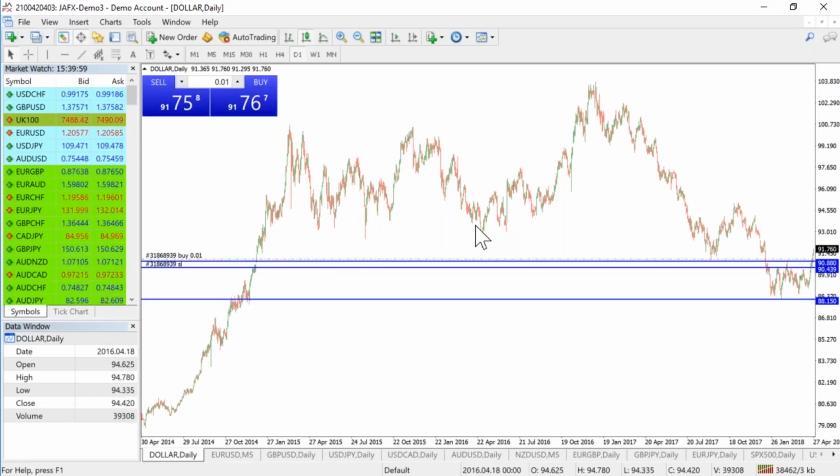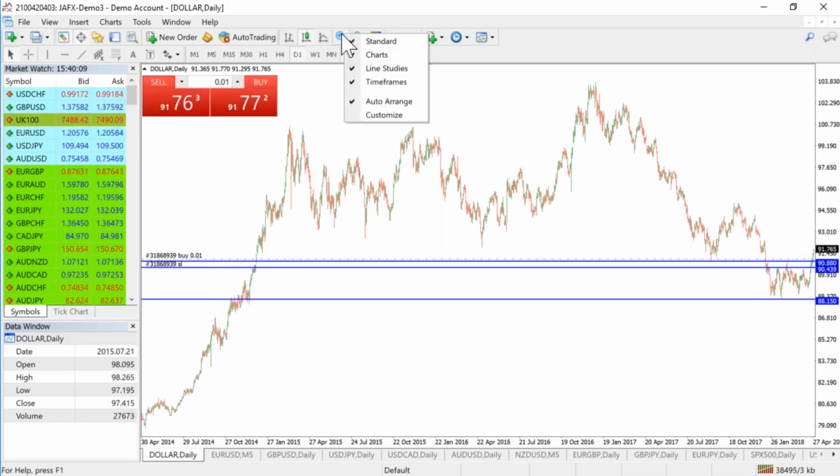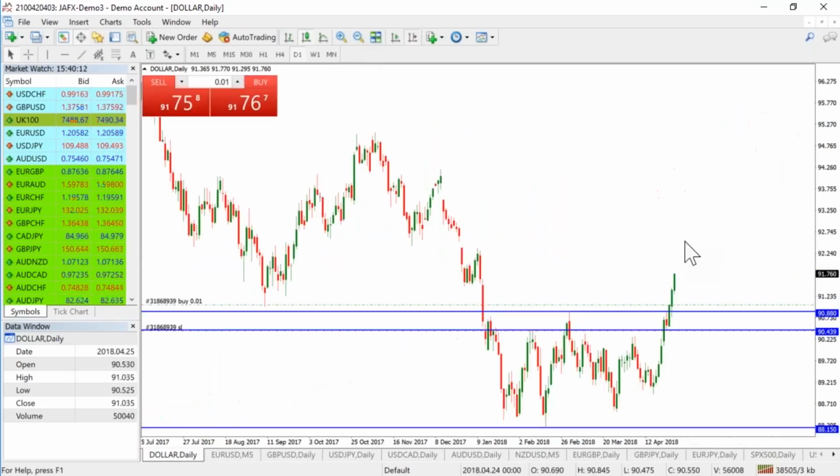And with the increasing yields in the US as well, we're very likely to see that increased capital flow. So therefore, from a sentiment perspective, it's still looking very, very positive indeed for the US dollar.